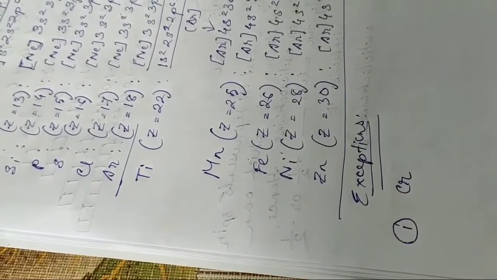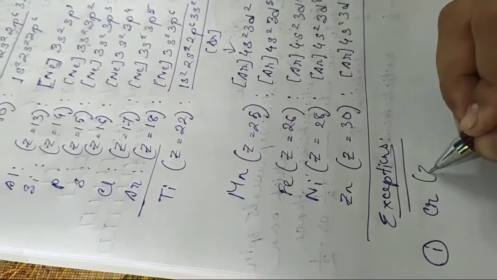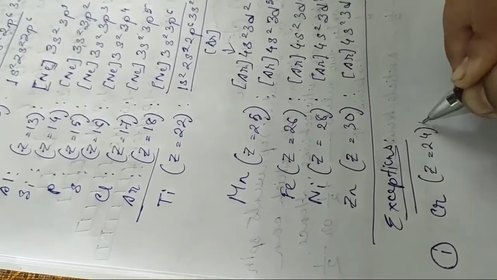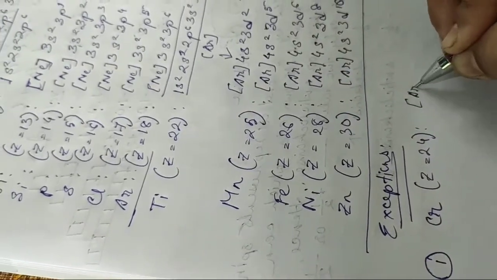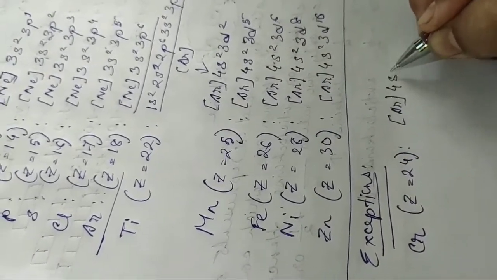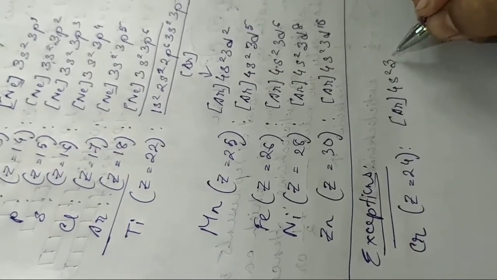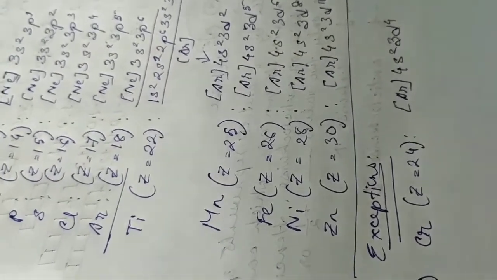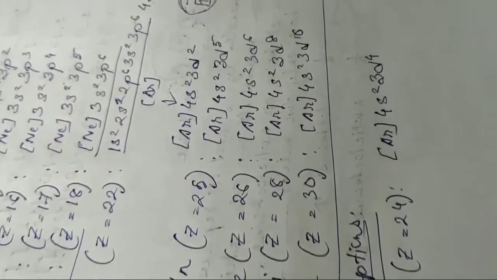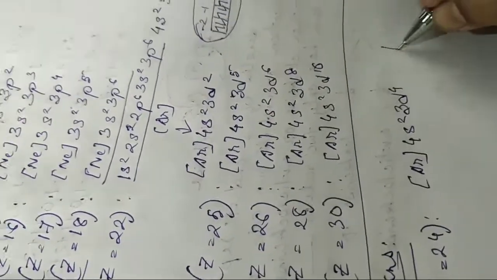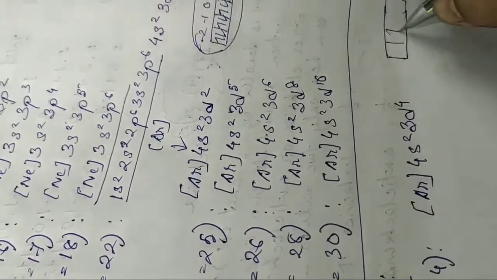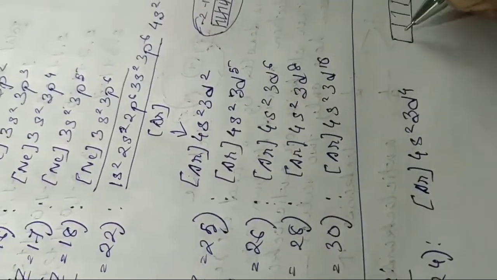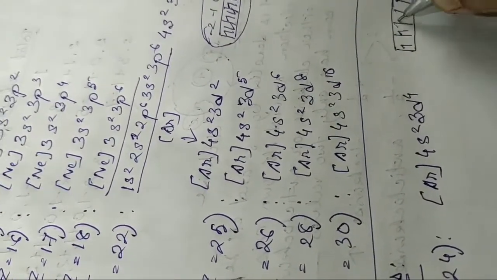Now for chromium, Z is 24. So what should it be? Argon 4s2 and 3d4 ideally, but 3d4 means one, 2, 3, 4.